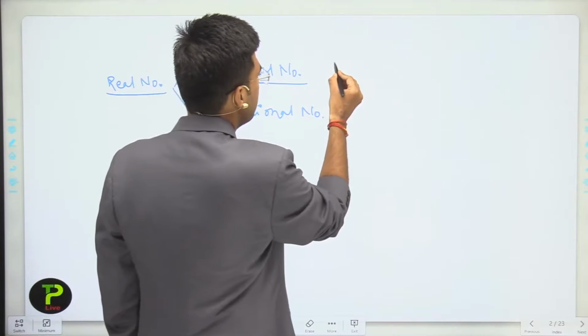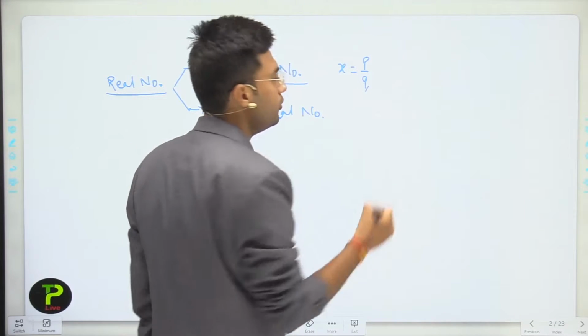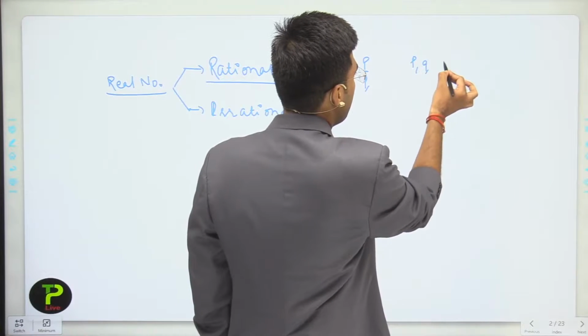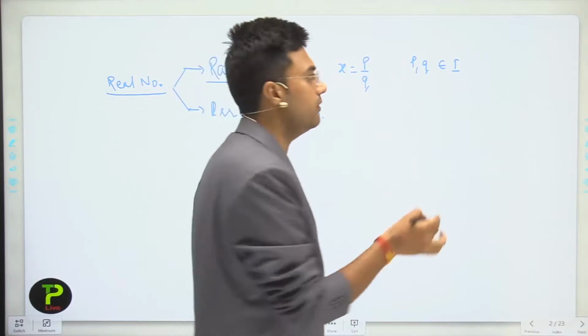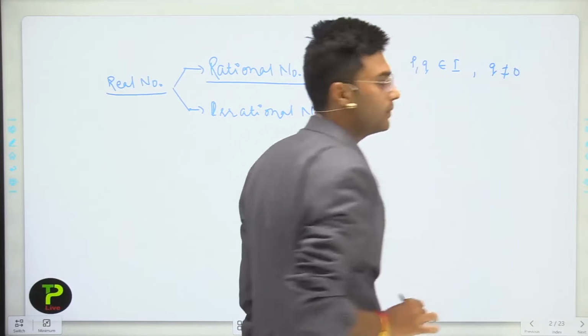Rational numbers are the numbers which can be represented in the form of p by q, where p and q both belong to integers, and q should not equal 0. Okay.